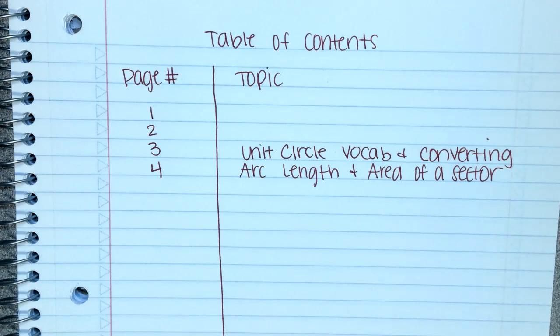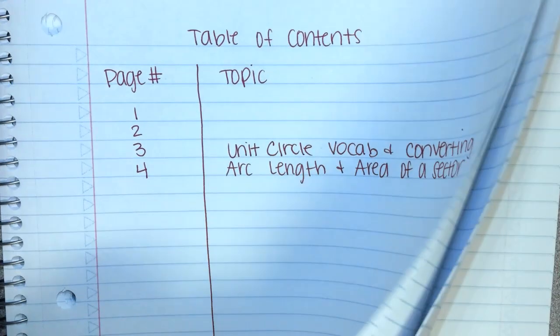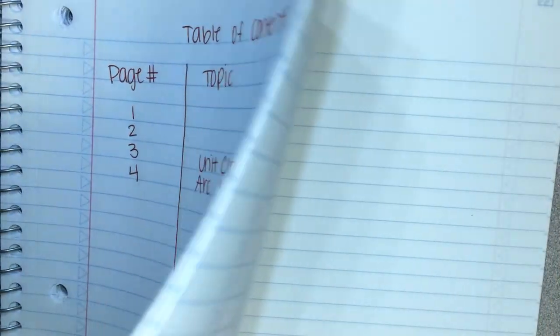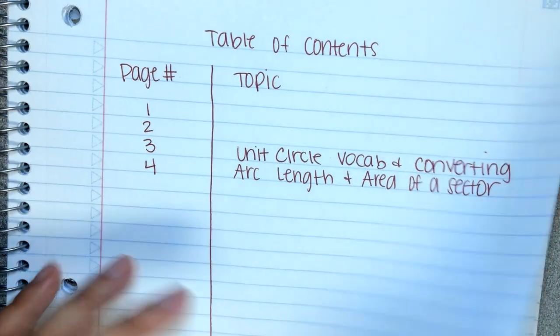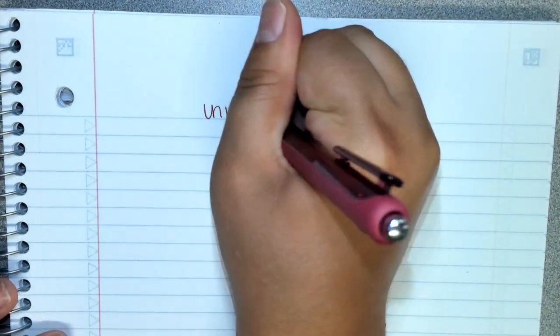And I didn't go over anything, I just had you write it down, right? Okay. So page 3 was unit circle vocab.